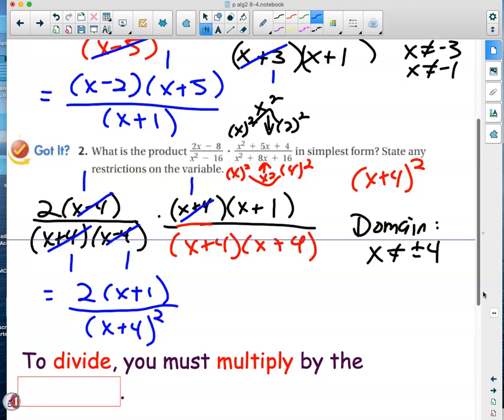Now, I'm not going to take off on the test if you write it as x plus 4 times x plus 4. And like I said, most Algebra 2 students would just rather leave it that way anyway, so that they don't miss it when they're going through. But that's how we do our multiplication. So, want me to make up another one of anything, or are you feeling pretty good? We got it? Okay.